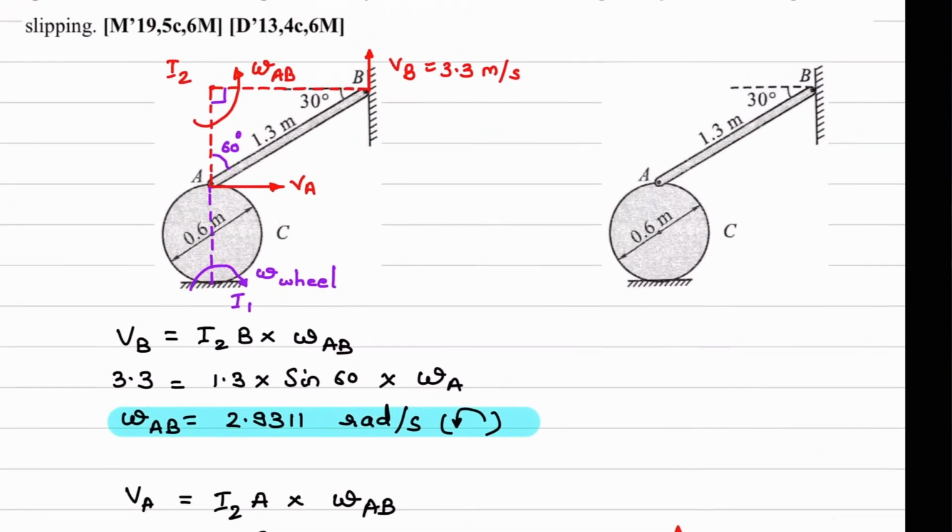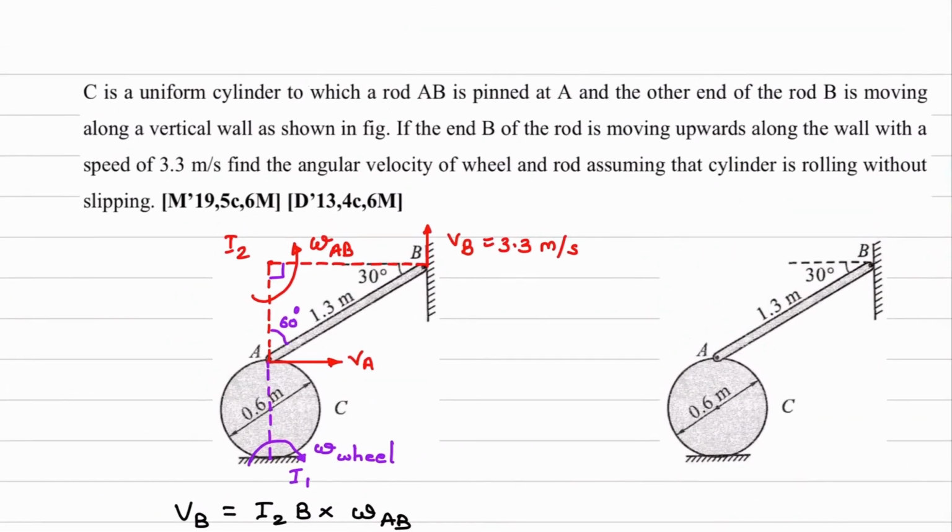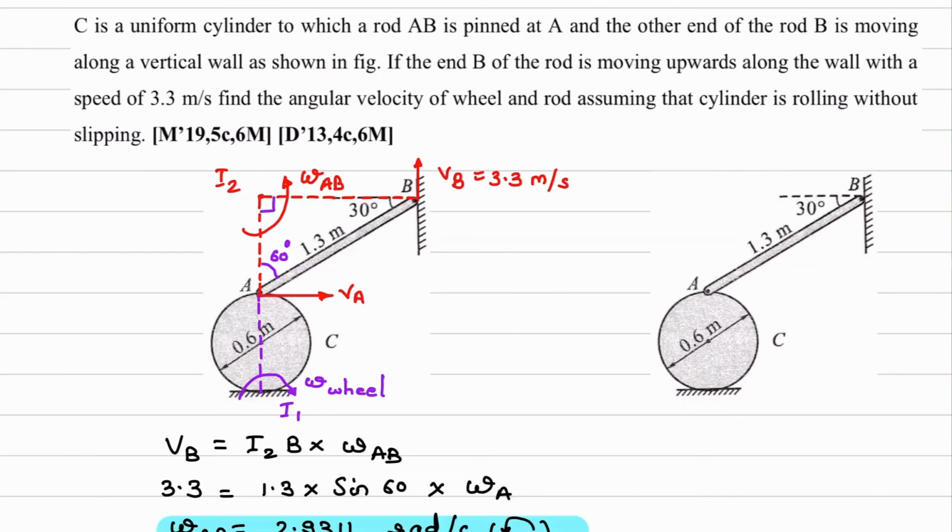So understand the approach of this question once again. What is given in the question? We have a cylinder C and a rod is hinged at point A to cylinder C. Then point B is free to move, and the point B velocity vector is given in upward direction. Using that, we have drawn perpendiculars.